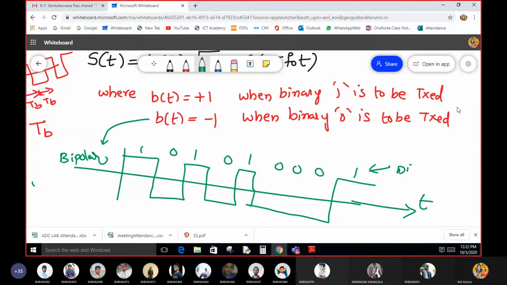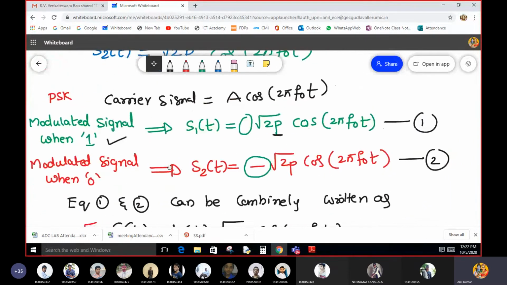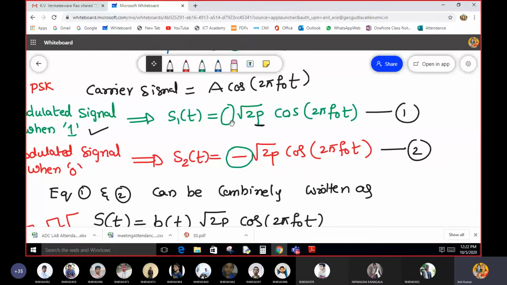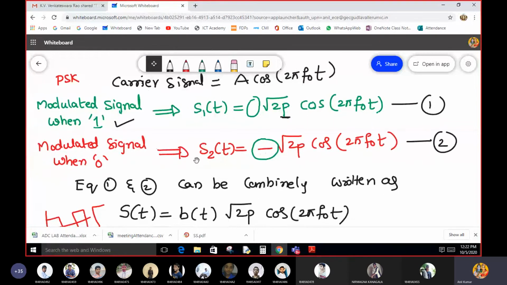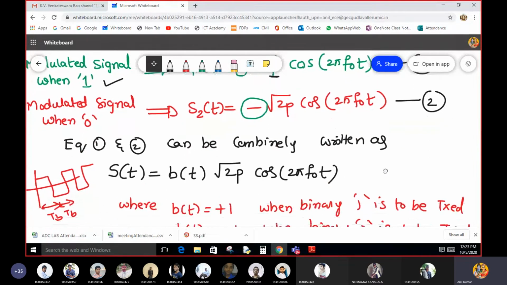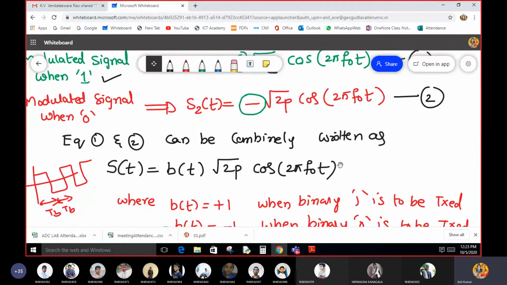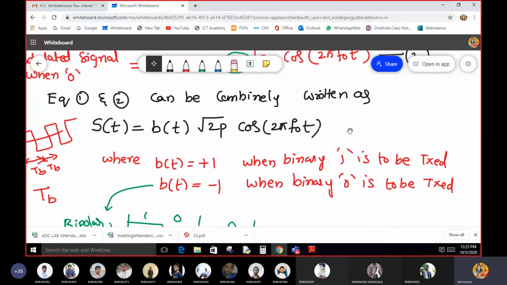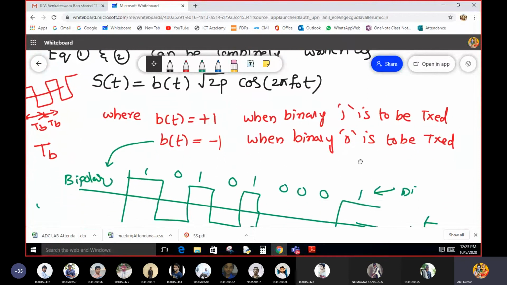Right. So far, what did I say? When logic 1 is transmitted, the equation for s of t is +1 times √2P cos 2π f0t. Okay, when transmitting 0, the modulated signal will be in the form of -√2P cos 2π f0t. Okay, and combining equations 1 and 2, it is represented by b of t, where b of t is equal to +1 when logic 1 is to be transmitted, b of t equal to -1 when logic 0 is to be transmitted.